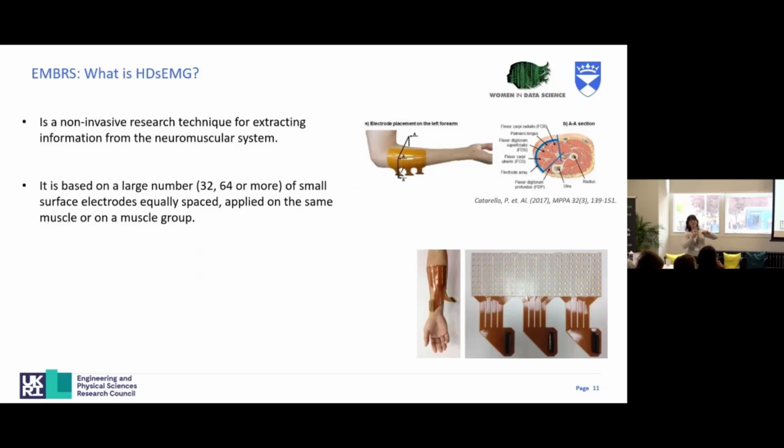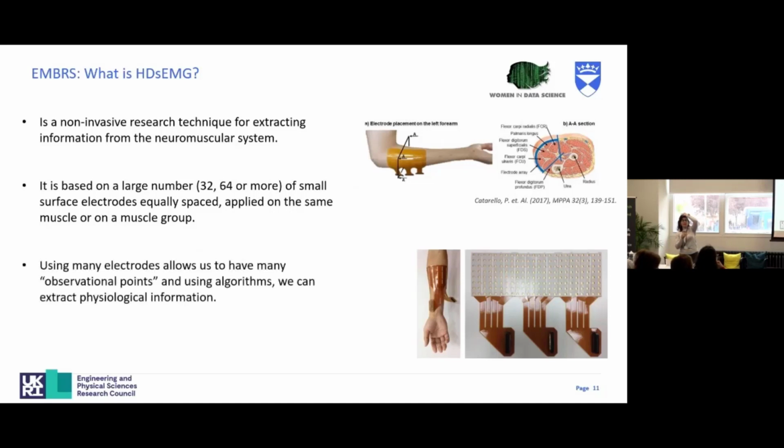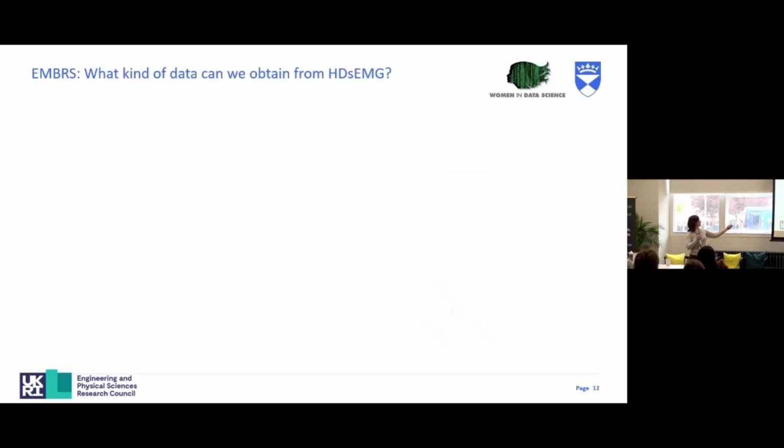And essentially, you have multiple observational points, which, by the way, I brought an array if you want to have a look at it. Essentially, you have many different observational points, and by extracting algorithms, you are able to get physiological information about people. You're able to know if they're getting tired, if they're going to reach task failure, if they're shifting their moving pattern.